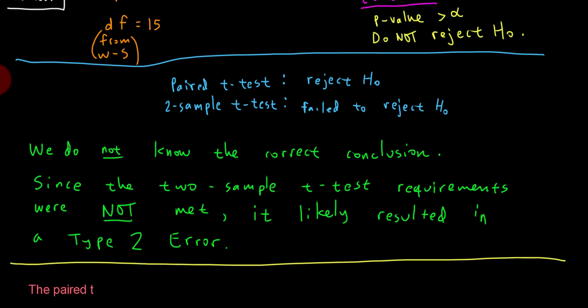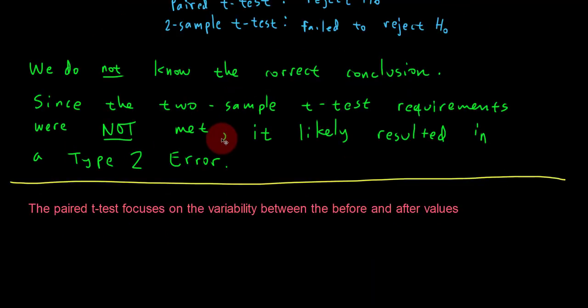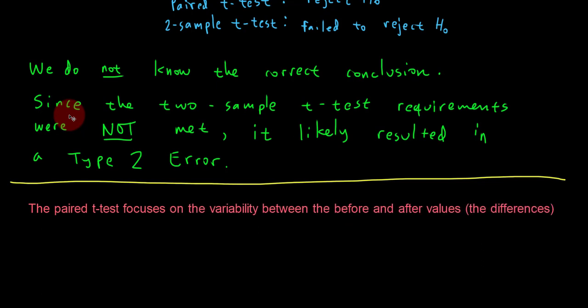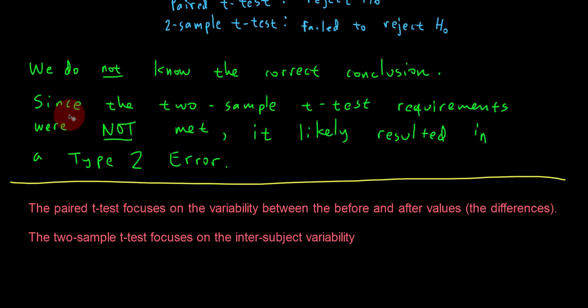So why are these tests coming up with different conclusions? It's because they focus on different aspects of the data. The paired test focuses on the variability between the before and after values. Those are the differences, yeah? Because we want to see if there was a change. Whereas the two-sample t-test focuses on the variability among the subjects.